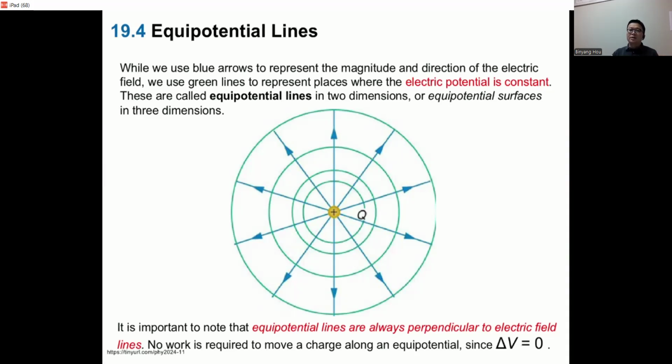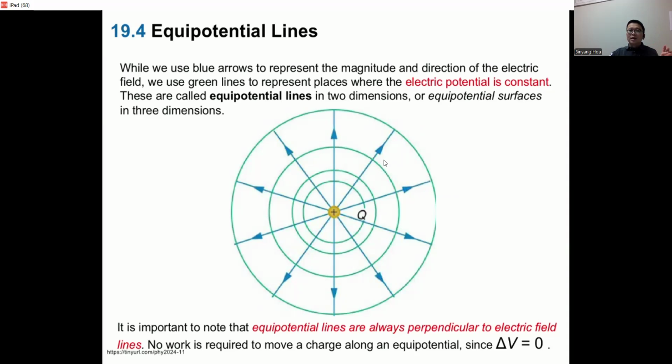On electric equipotential lines, the electric potential is constant. So from here to here or to here on the same curve, they are all the same. But on different curves, they will be different, like say 5 volts, 10 volts, 15, 20 volts, like that.